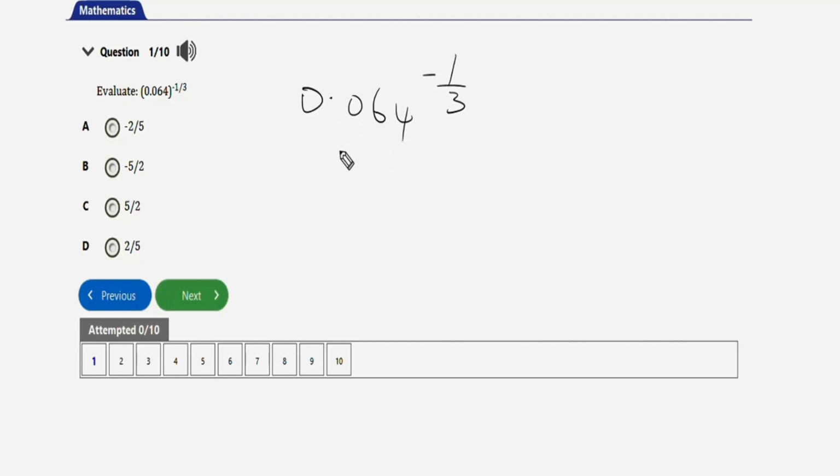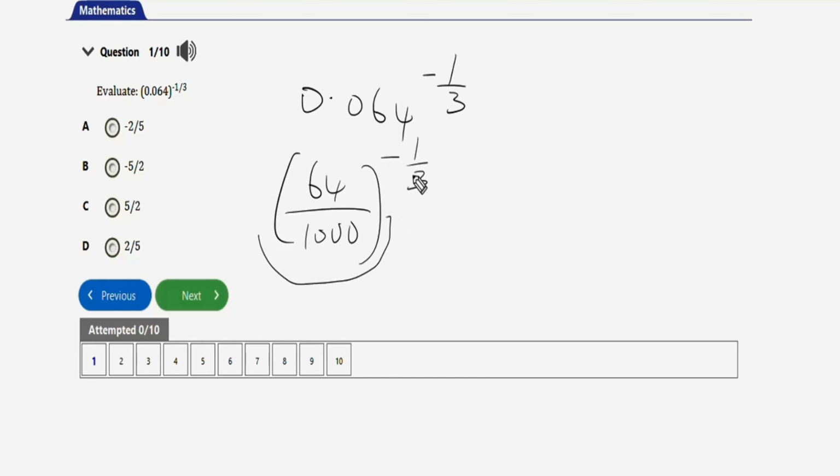Another way you can write this is the same thing as 64/1000, alright, to the power minus 1/3. Because of this negative sign, you're going to invert this fraction. So when you do this, it's going to be 1000/64 to the power 1/3.